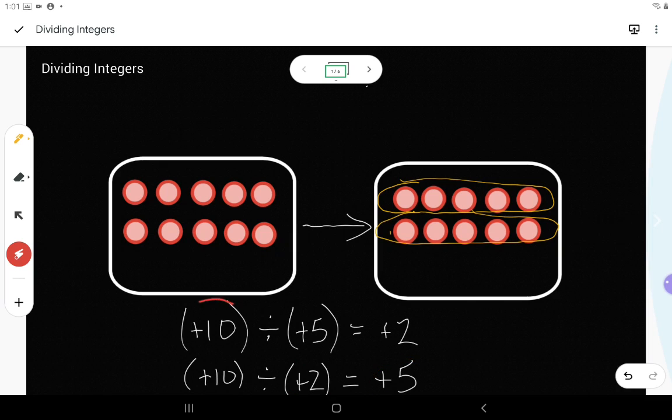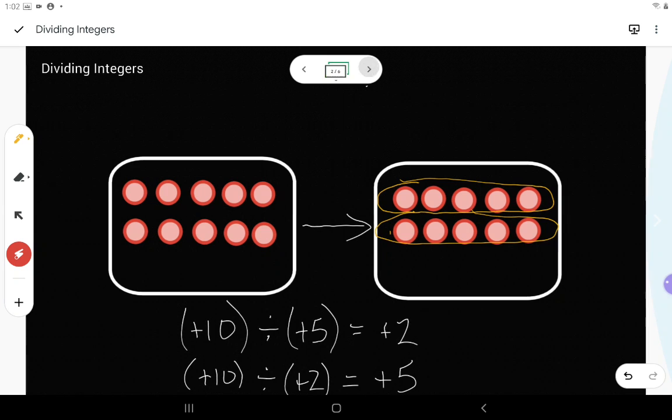And then conversely, starting with positive 10 and splitting into groups of positive 5, because I have positive 5 in each group, there are now 2 groupings in total.